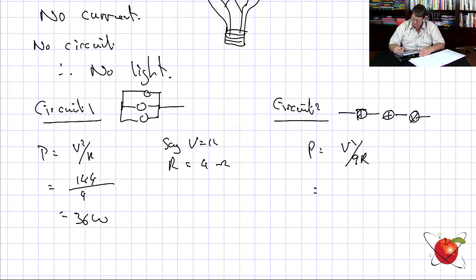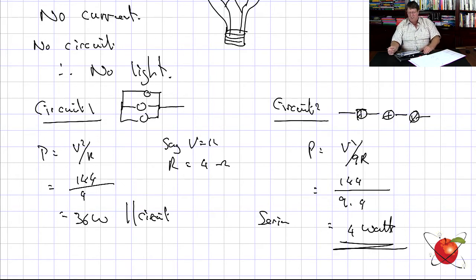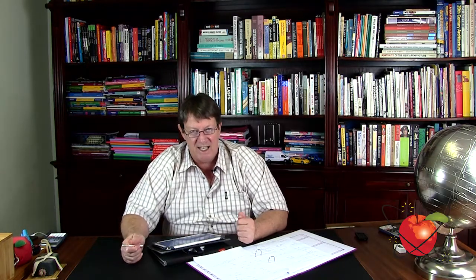Over here, it's going to be 144 over 9 times 4, which is going to be 4 watts. This is the parallel circuit. This is the series. So your bulbs in series glow less brightly than in the parallel section.